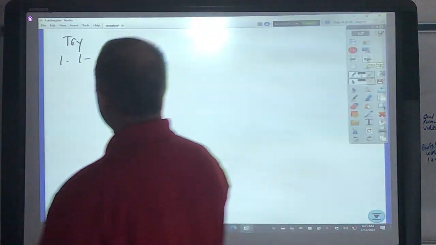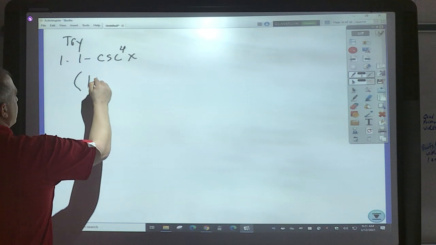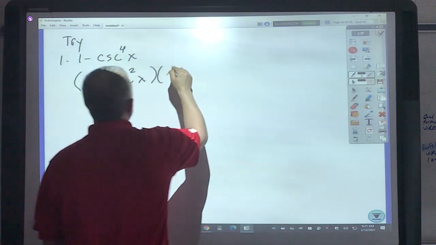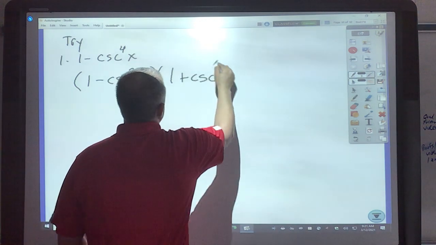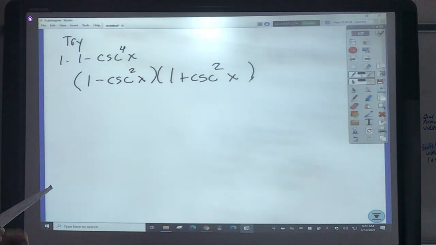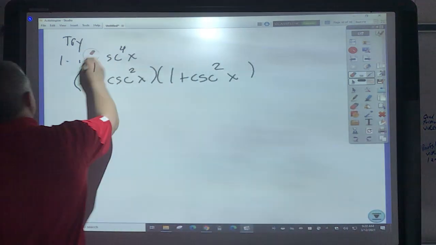So I got 1 minus cosine squared, 1 plus cosine squared. Now, I should have done this one. Let's change this to this here.